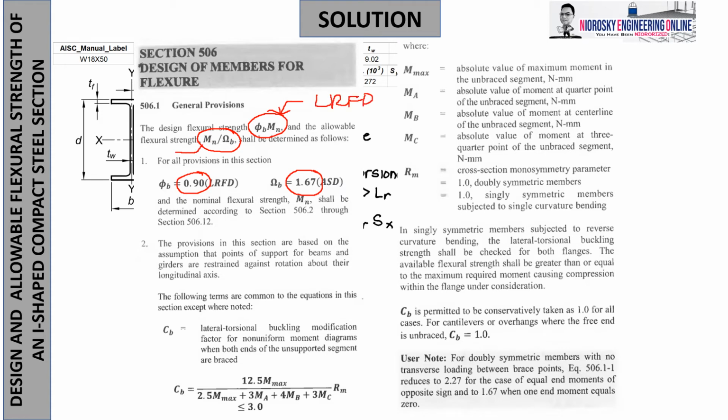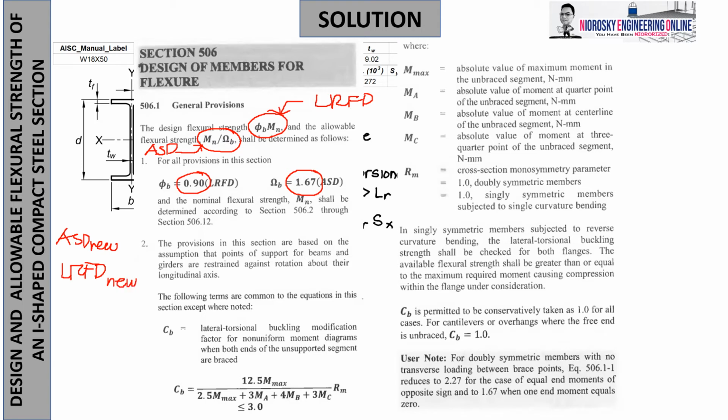And si Mn over omega B, so siya naman para sa ASD. Ang pinag-usapan natin dito is ASD new. Okay? And LRFD new. Kasi may old yan, yung NSCP 2001 may LRFD na rin yan, but hindi pa ganun ka-sophisticated yung design code niya.